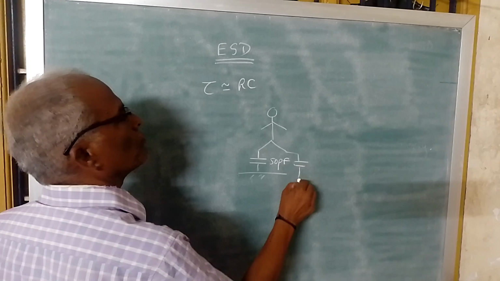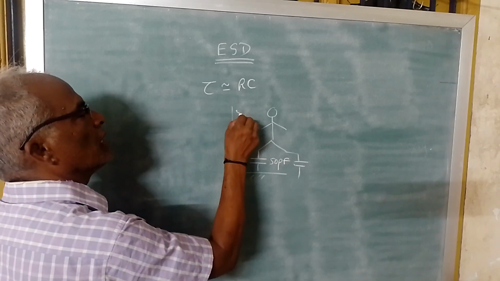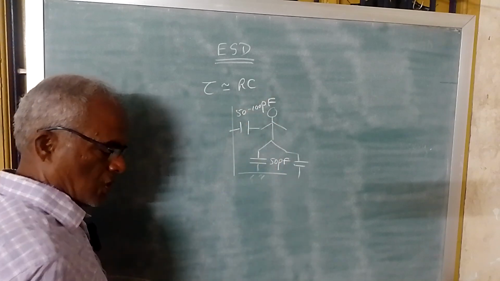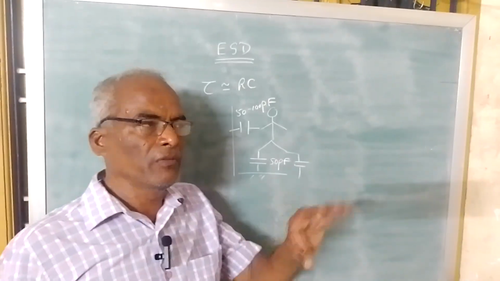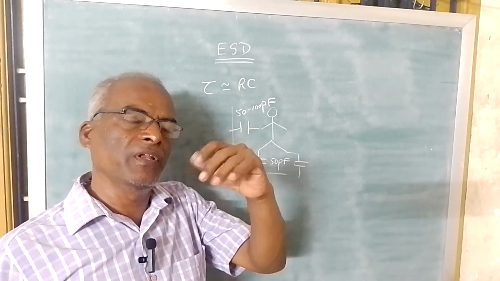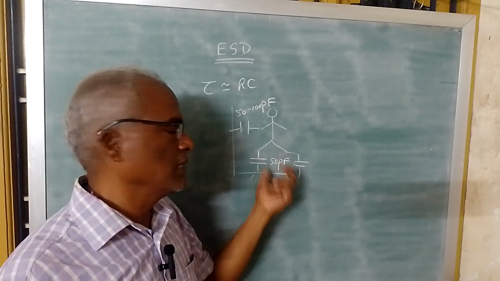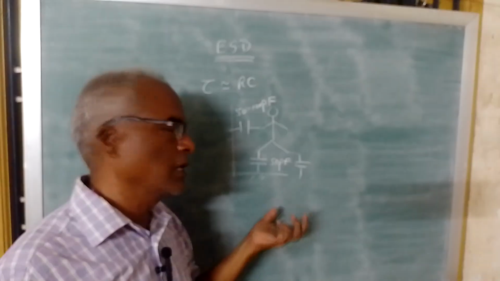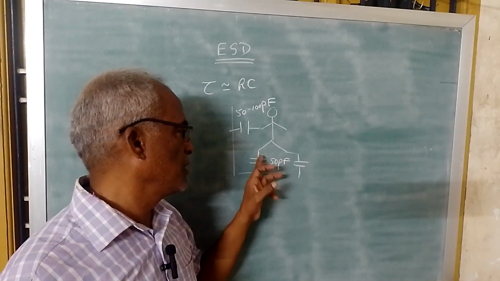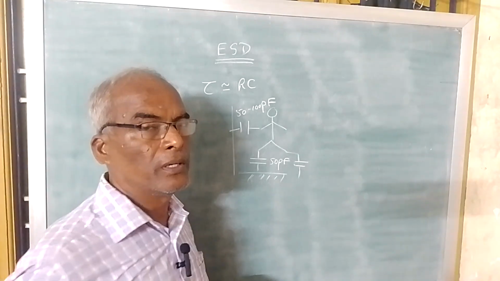Similarly, when we touch against a wall, this will range from 50 to 100 picofarad. Similarly, when we wear footwear or slippers or go barefoot, the capacitance between our foot and the ground is 50 picofarad to 100 picofarad.